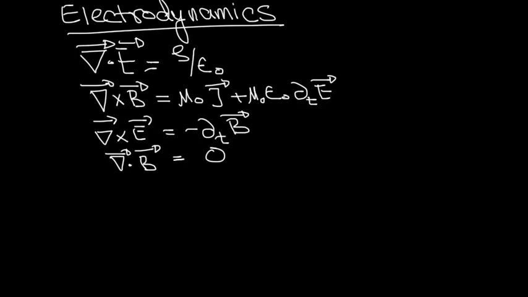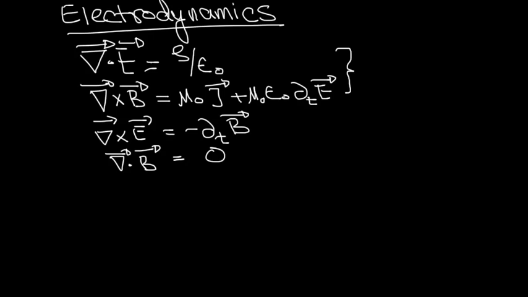Now we can go further and say that these two equations are actually the equations of motion for E and M, electricity and magnetism. If you don't know about this, you can watch my videos on relativistic electrodynamics and the other videos I made on electrodynamics, where we actually derive these equations.